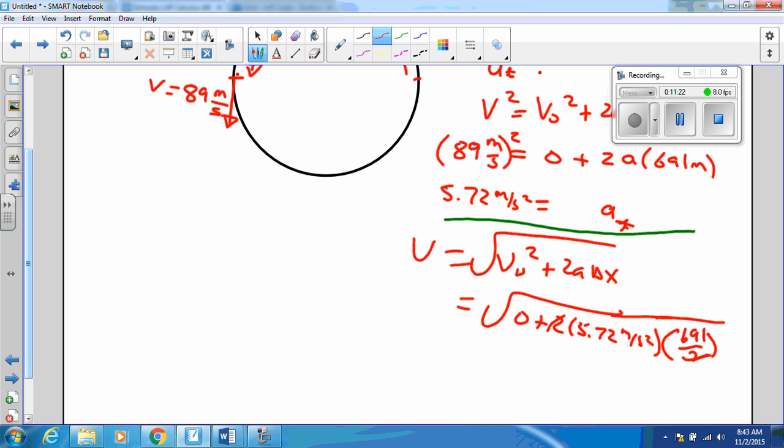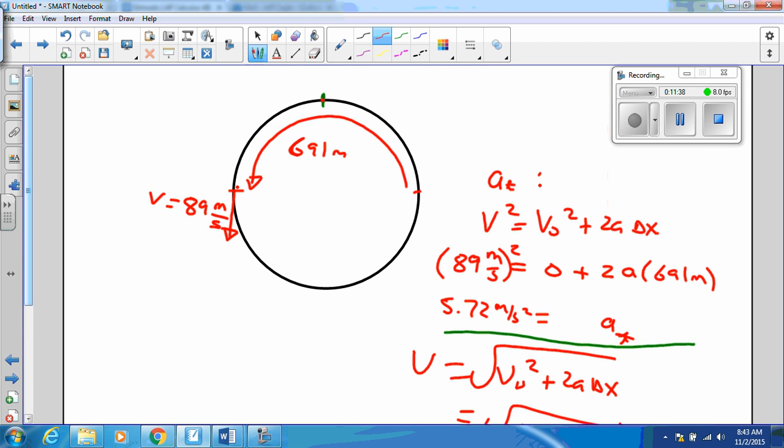And so that's going to give me about 5.5 times 700, square root of about 40, something like that. You said it was 62.8? Yeah. 62 meters per second is the velocity right here.